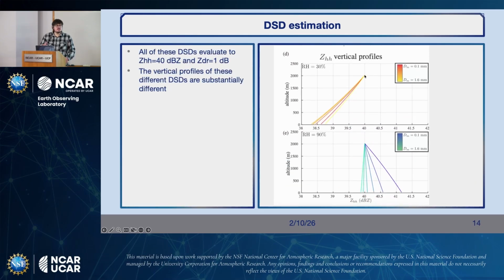And we can say for 2 different environments, one being a very dry environment and one being much more humid, what happens when we evolve those DSDs forward? So in the driest case, pretty much all of the drop size distributions, the reflectivity just decreases over height, and that's just due to evaporation.